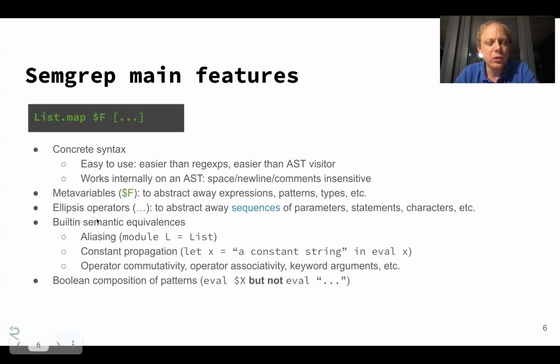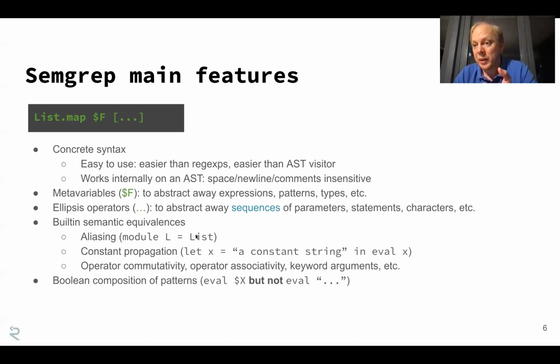Another important feature, and hence the name Semgrep, semantic grep, is that the tool knows a lot about semantic equivalences of the languages. For example, in OCaml, you can call list.map, but some people may have aliased, renamed the module locally with a shortcut, for example module L = List, and then they will write L.map.